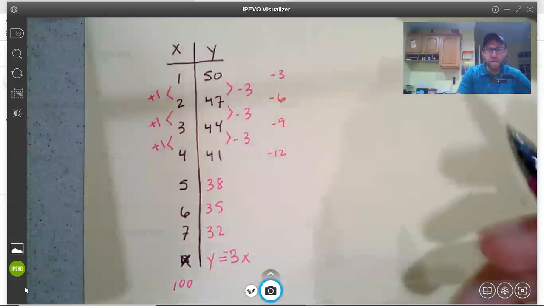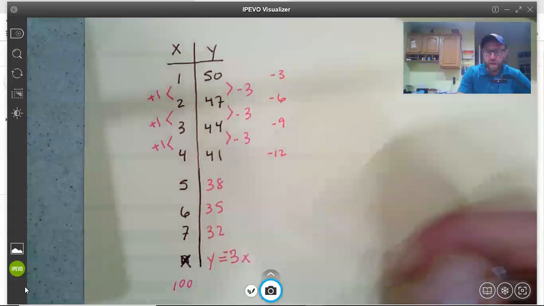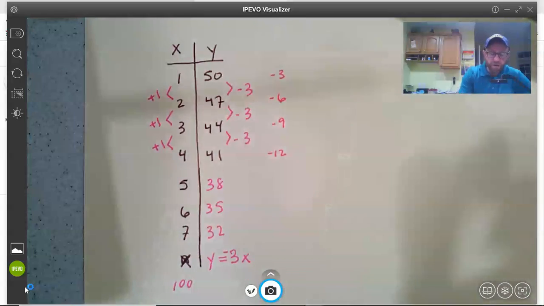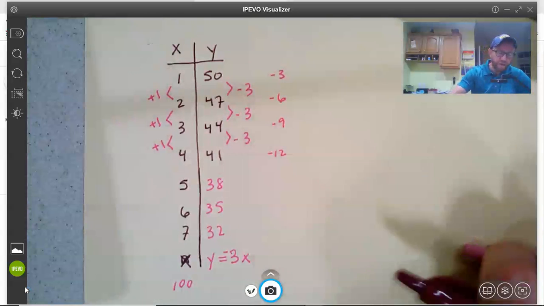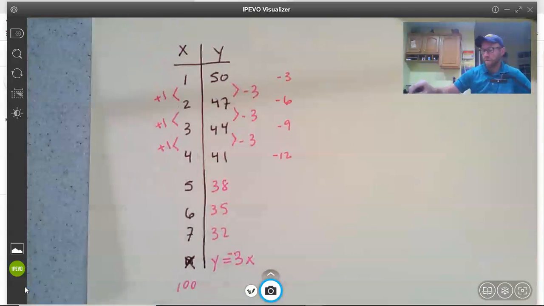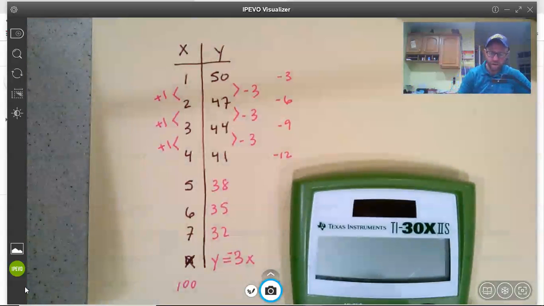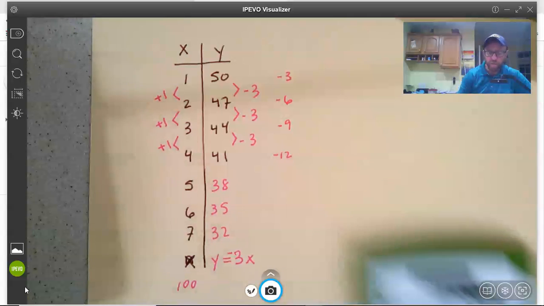And you can see that this rule as it is, -3x, is not giving us outputs anything near what we want. Let's see how far off we are. We'll go 50 minus -3, or 53 off.